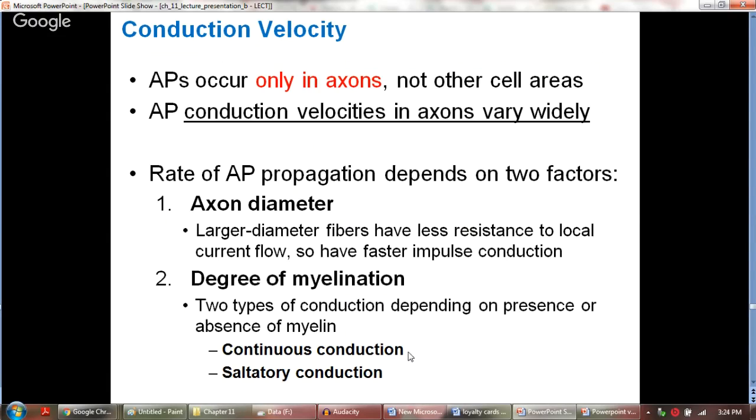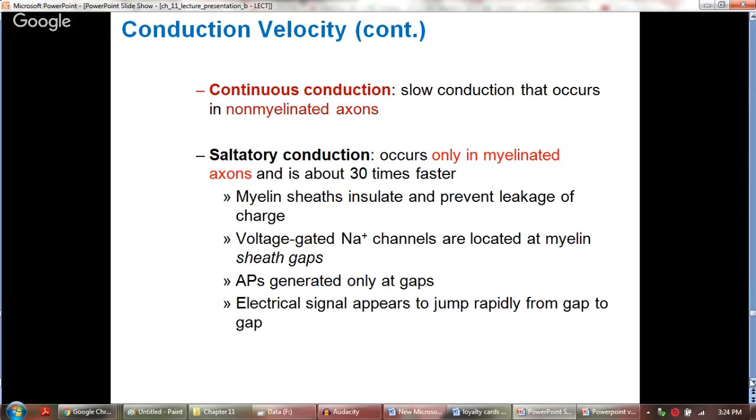The non-myelinated ones perform continuous conduction. The myelinated ones perform saltatory conduction. Continuous conduction is a slow conduction that occurs in non-myelinated axons.